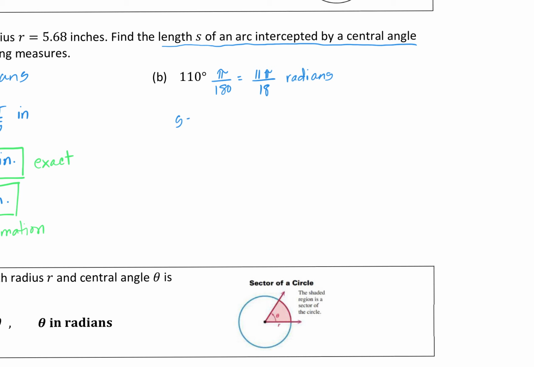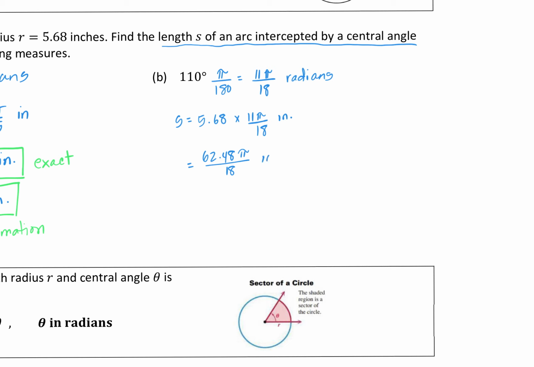My arc length is going to be 5.68 times 11 pi over 18 inches. Now, in my calculator, when I put in 5.68 times 11, I get 62.48 pi over 18. If I divide by 18, I get a repeating decimal.